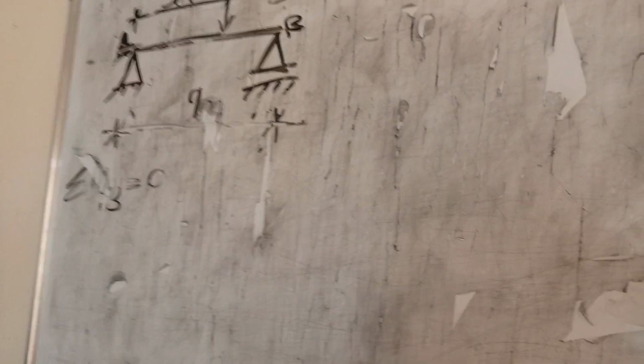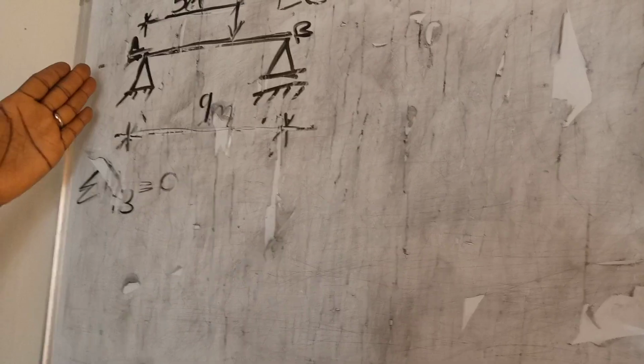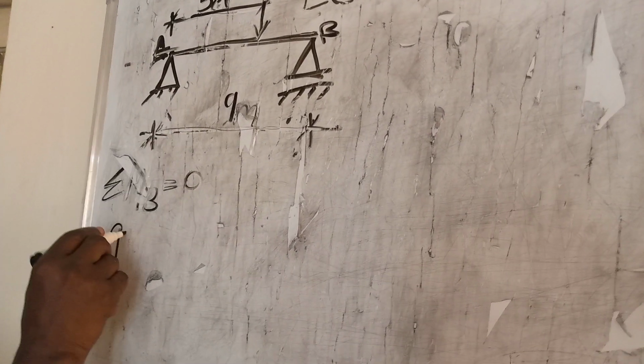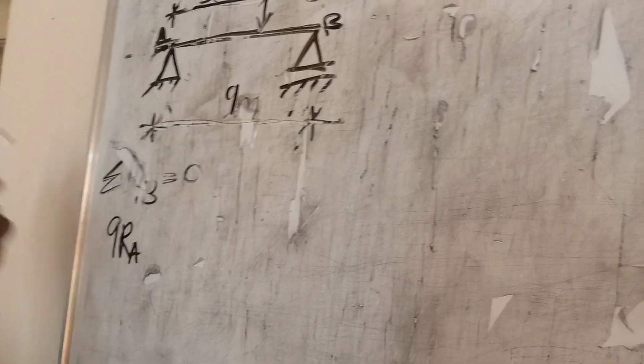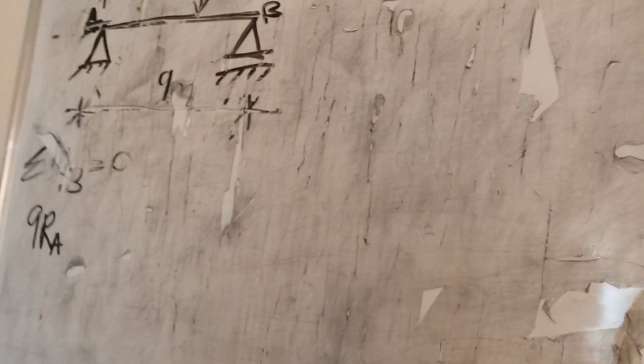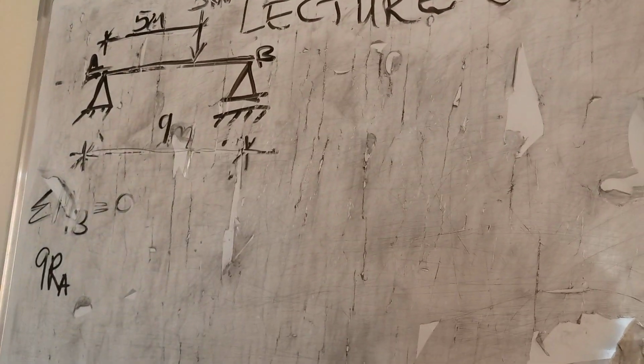If that's the case, I'm starting from A now, reaction A. It will be 9 times reaction A, because the distance of reaction A from B is 9. I decide to say it is positive because reaction A will turn this way.